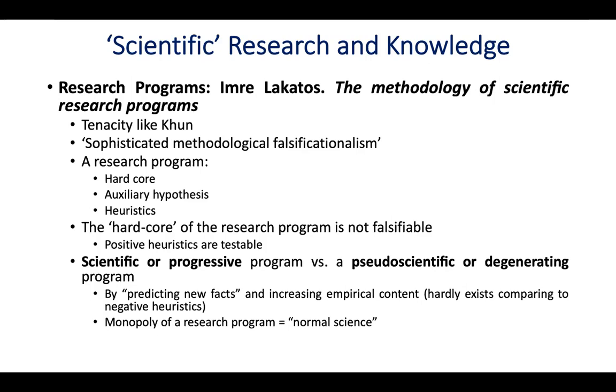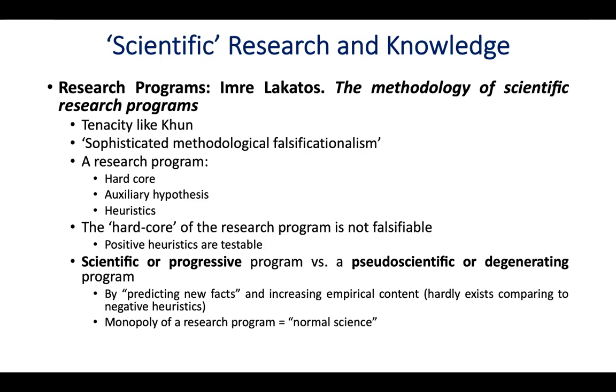So for him, any research program has three components. The hardcore is a set of assumptions and methodological rules that would guide researchers on what to pursue and what not to pursue, for example.